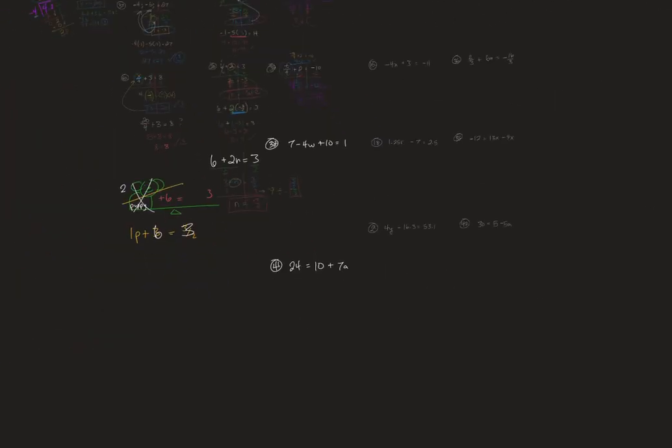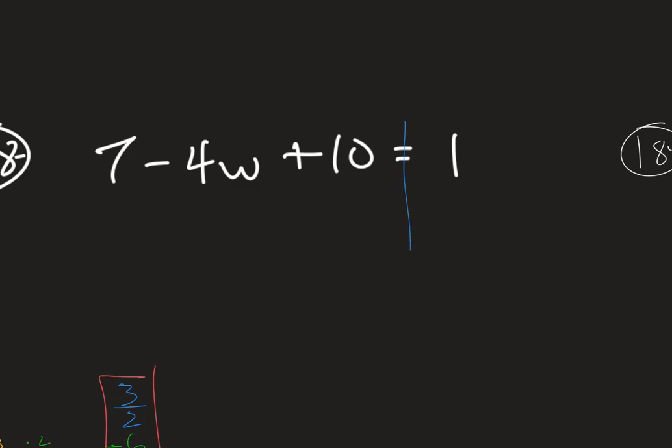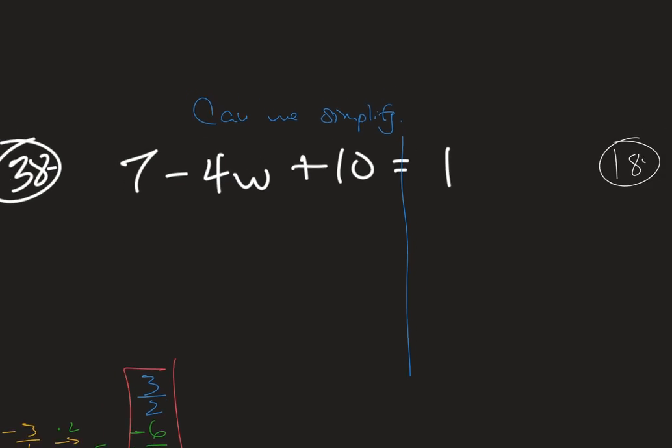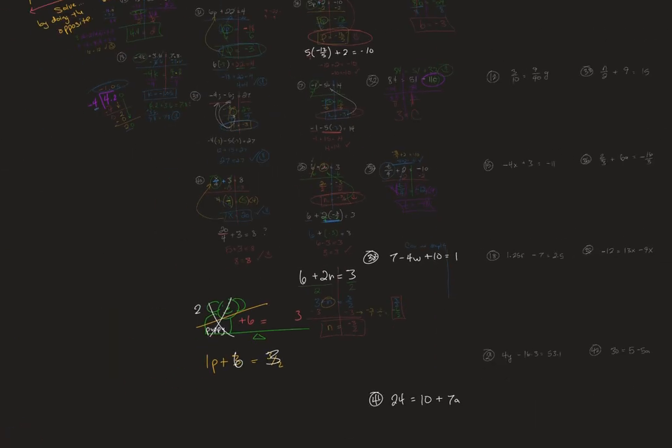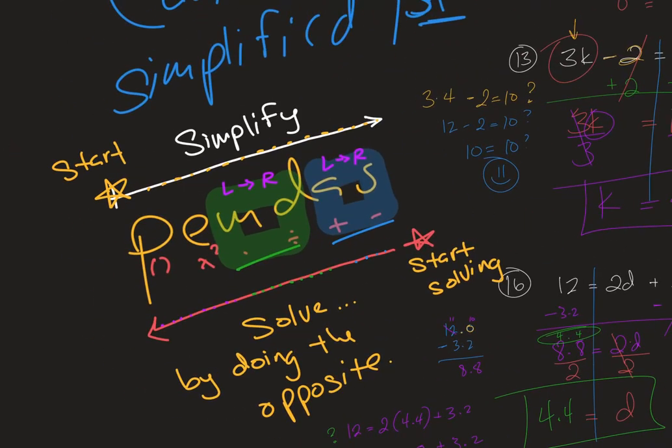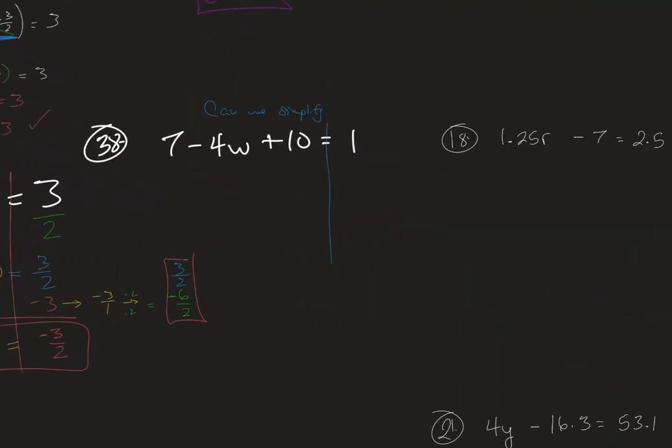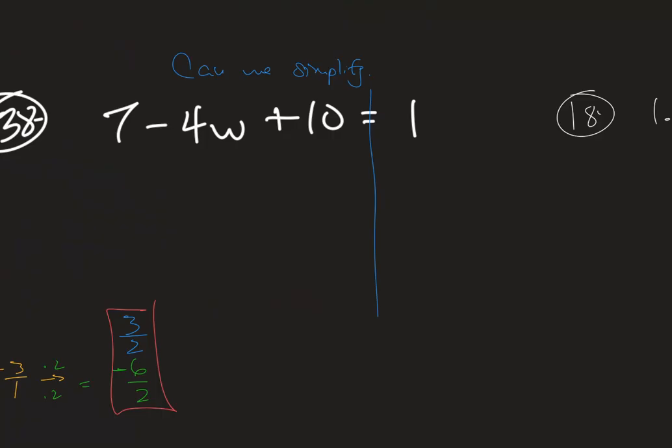38. Ooh, check this scary guy out. We're always technically asking, can we simplify? I mentioned it once already, and if you're like, no, you didn't, watch. Back over here when I said, hey, we start by simplifying, and then we go down here and solve. We are able to simplify because we have like terms. 7 and 10 are like terms.